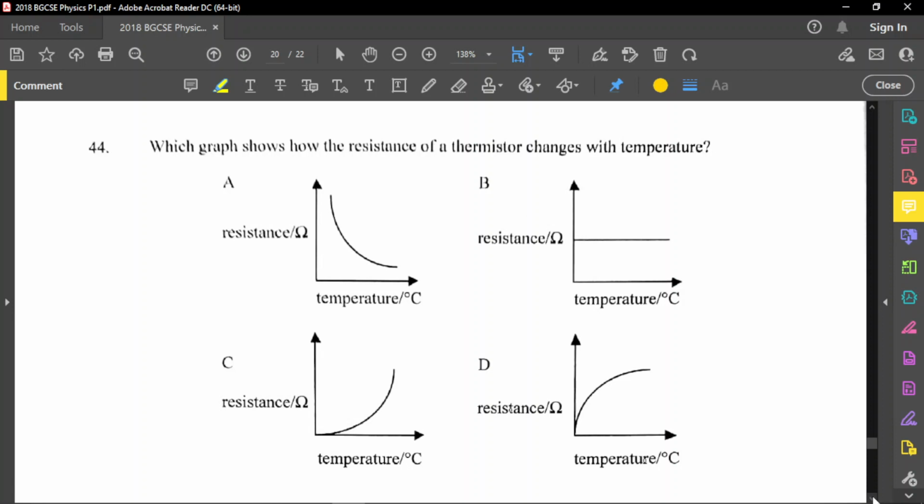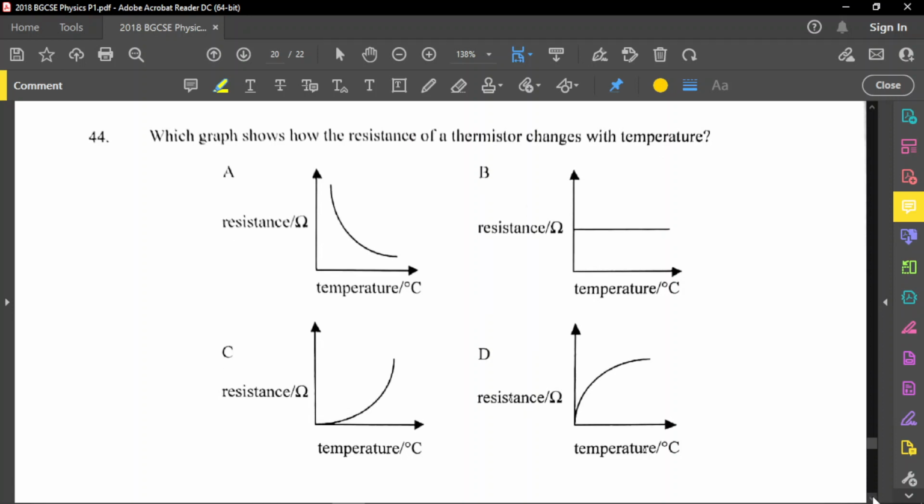All right. So the general one that you'll do in basic science is really the negative temperature coefficient, or NTC, type of thermistor. And again, you don't need to know the other one.